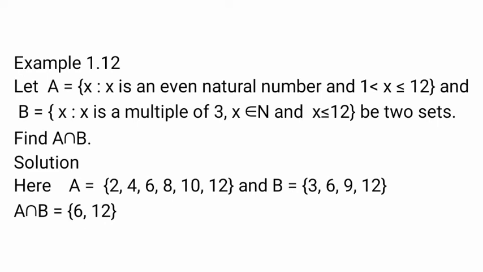Therefore, first A equal to the even natural numbers, that is 2, 4, 6, 8, 10, 12, and B equal to the multiples of 3 less than or equal to 12.